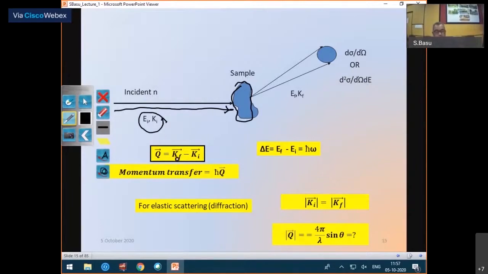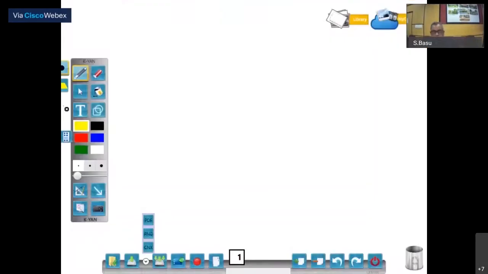We have an incident energy and momentum. How do we do it? We choose a beam from a polychromatic beam of thermal neutrons.